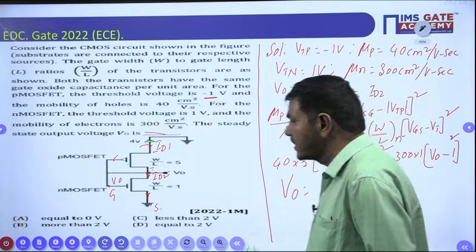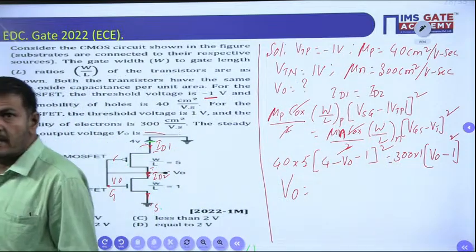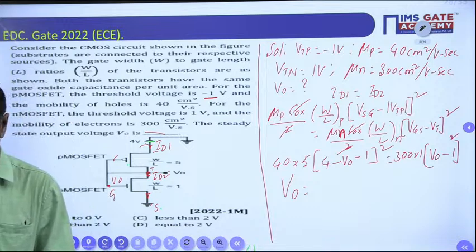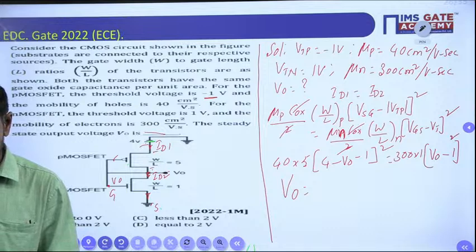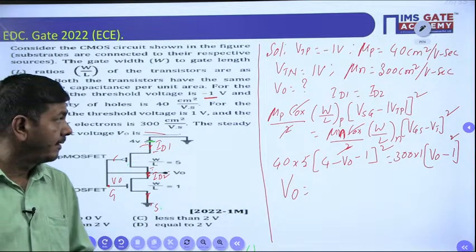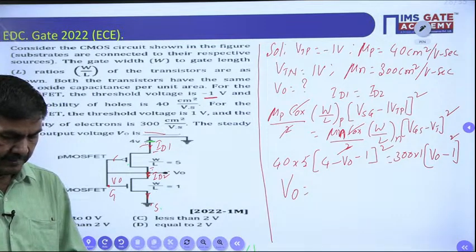Can anybody give the value of V naught without my help? What V naught can we get? How much are you getting?